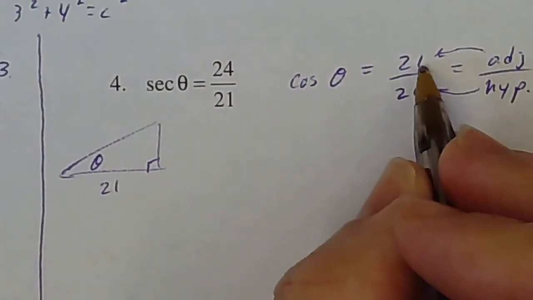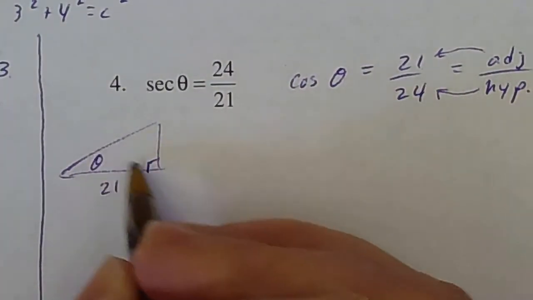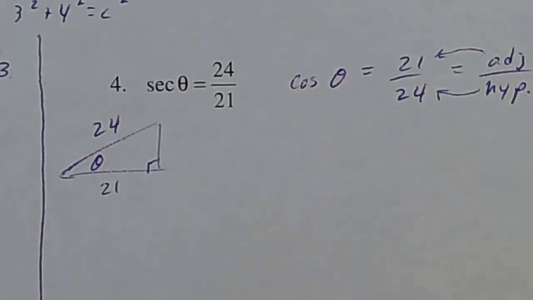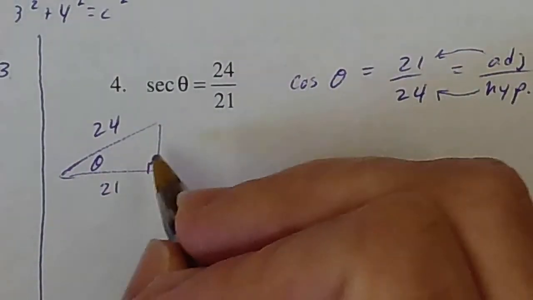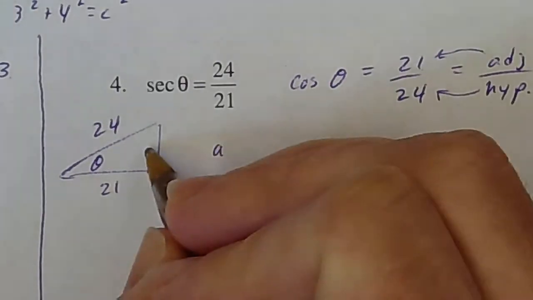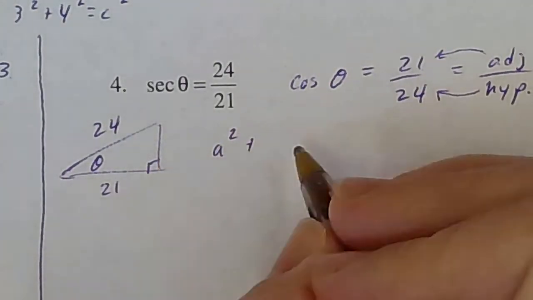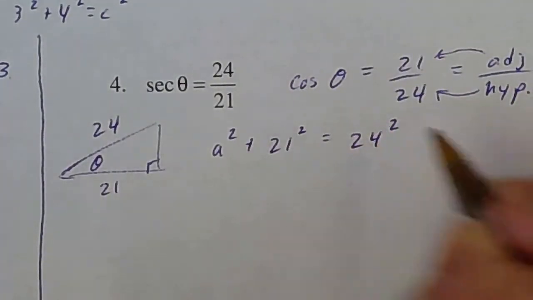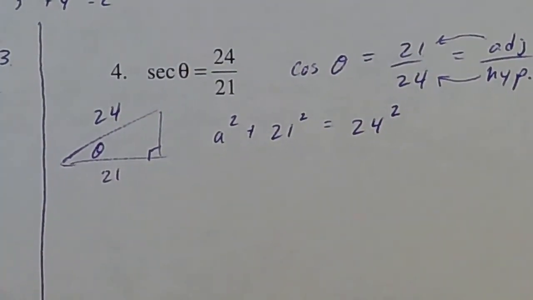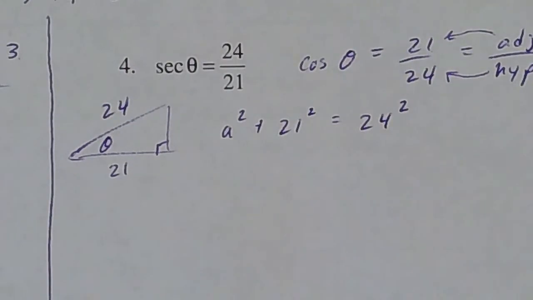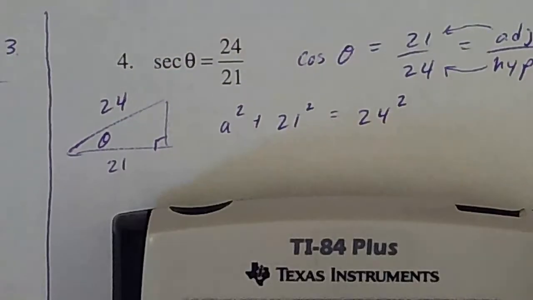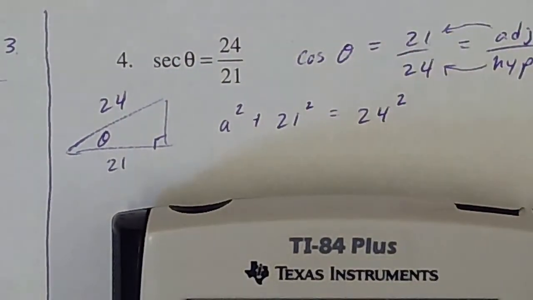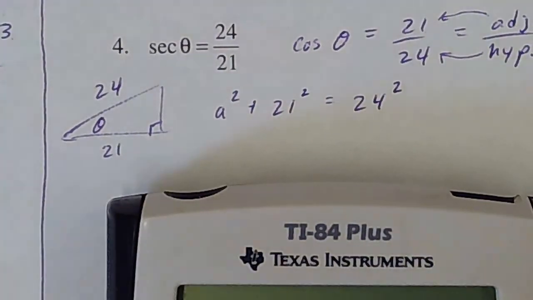Right here must be 21, and then the hypotenuse is opposite the right angle, 24. Okay, so we're missing this other leg. I'll call it A this time. So leg squared plus leg squared equals hypotenuse squared. If you want to, skip some of these steps, basically I subtract that number to the other side. I better pause right now.